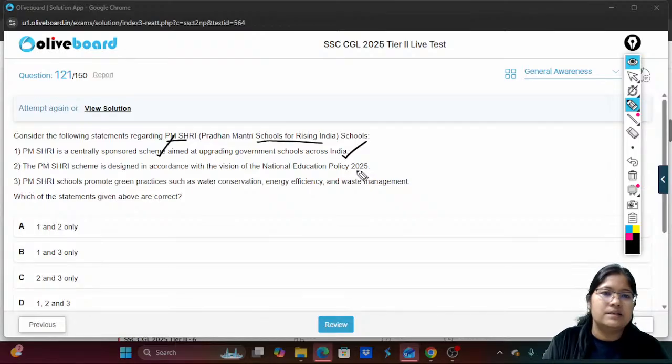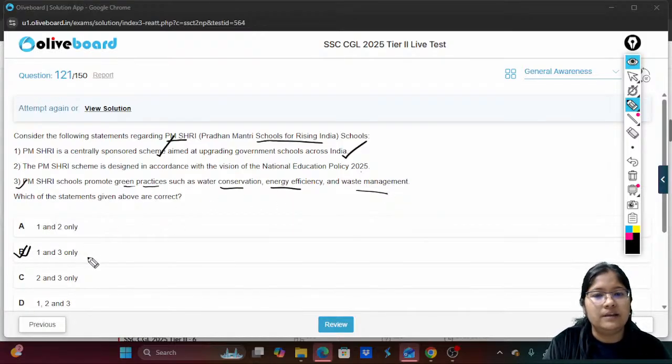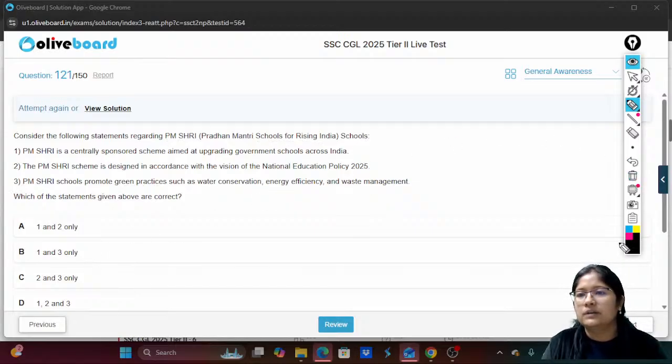All right, let us see. PM SHRI schools promote green practices such as water conservation, energy efficiency, waste management, etc. So this statement is also correct. So this leaves us with 1 and 3 as the correct answer. Coming to the next question.